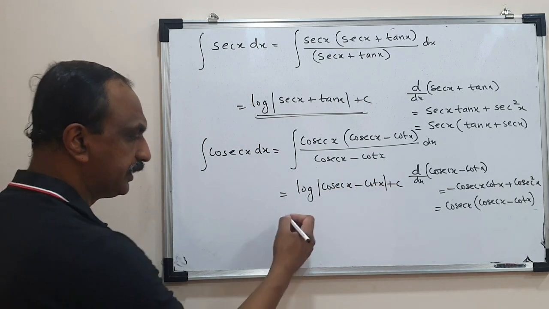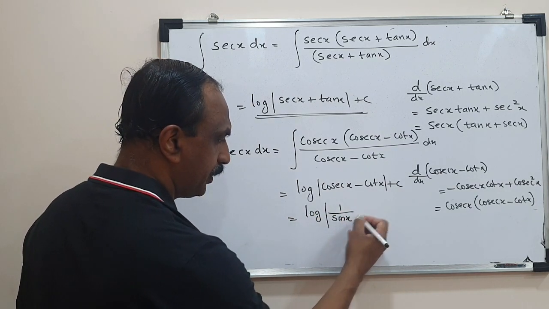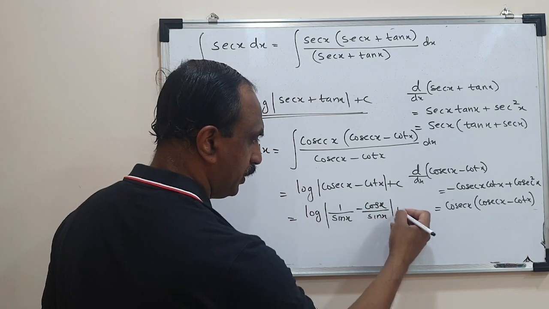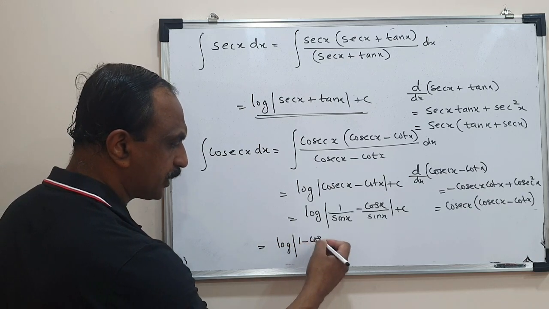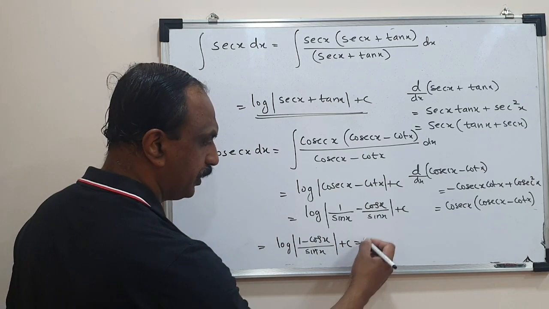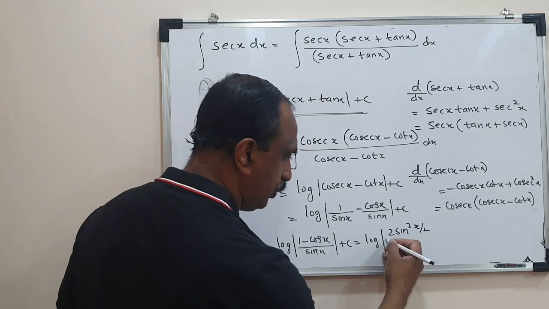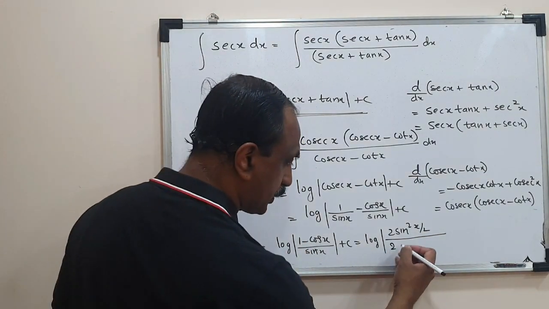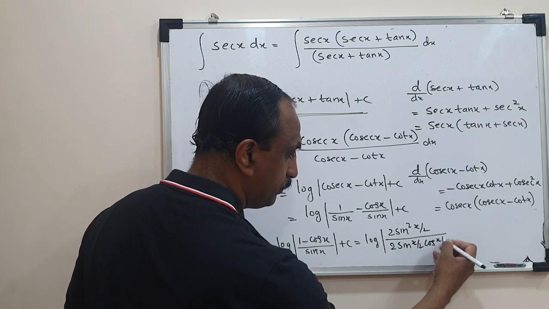Which I can simplify further. Log of 1 upon sin x minus cos x upon sin x. This can be further simplified as log of 1 minus cos x upon sin x, which is equal to log of 2 sin square x by 2 divided by 2 sin x by 2 cos x by 2.